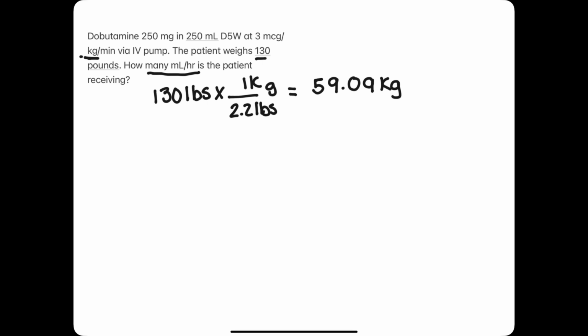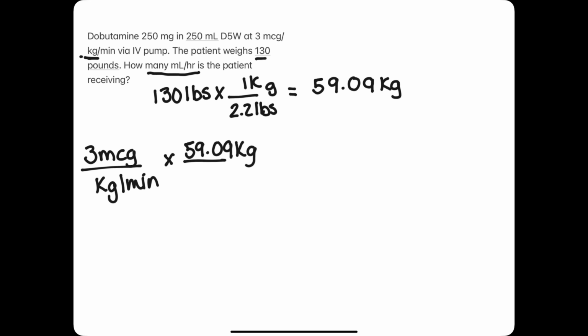All right, so we're going to start with the order. We got 3 mcgs per kg a minute. So we know that kgs need to cancel out. So we're going to go ahead and use our 59.09 kgs, and we're going to put that over 1. And kgs cancel out, and we're left with mcg over minutes.